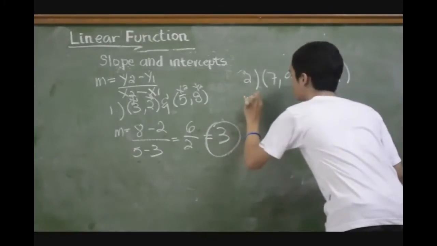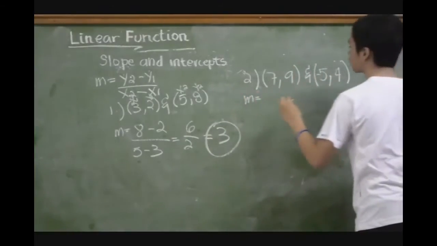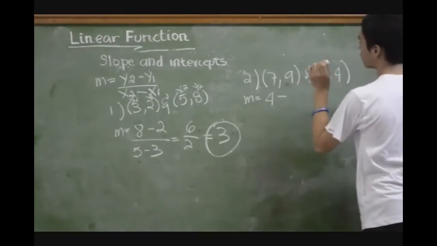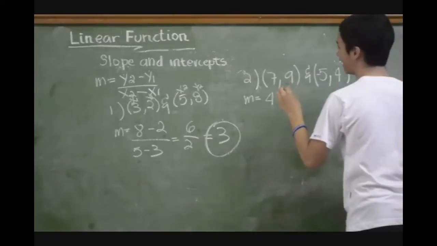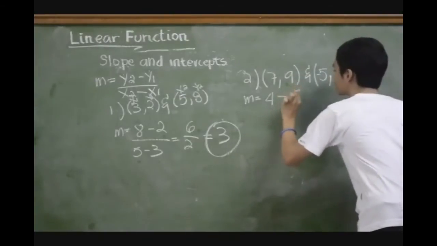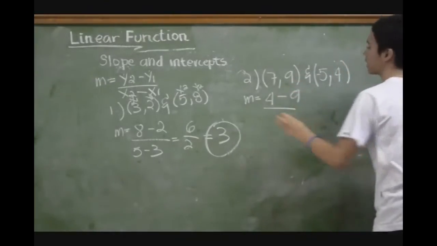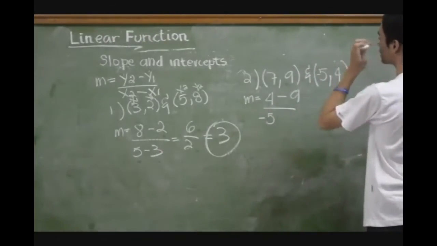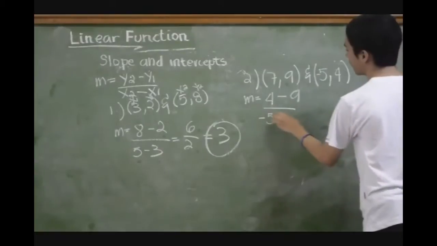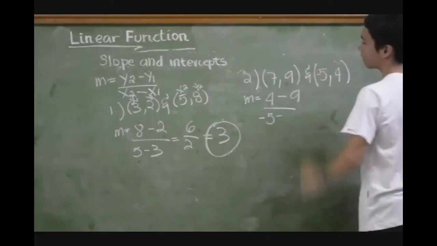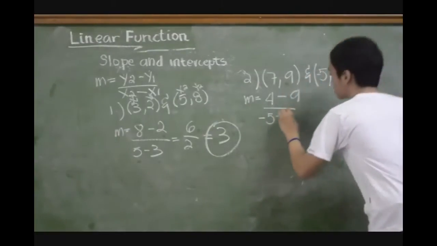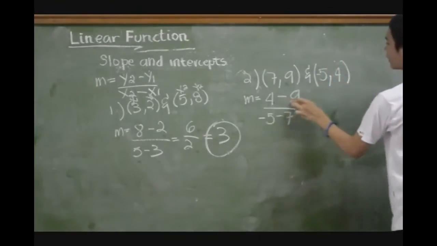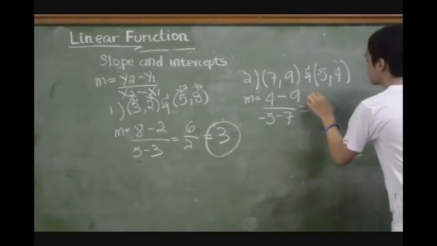M is equal to y sub 2, which is 4, minus y sub 1, which is 9, all over x sub 2, which is negative 5, minus x sub 1, which is 7. 4 minus 9 is negative 5.